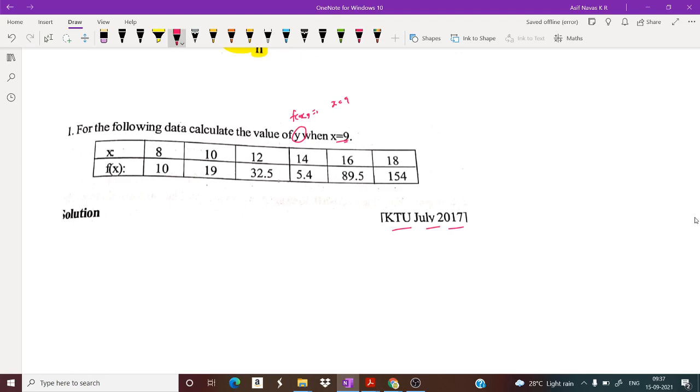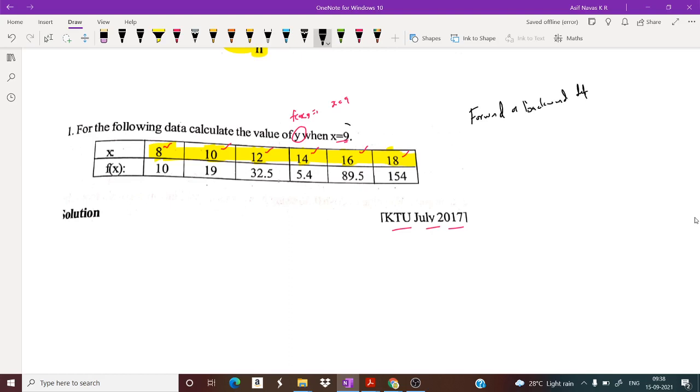Here we have to find the value in between these values 8, 10, 12, 14, 16, 18. Now there are many methods. Newton's divided difference is there, but here this is equally spaced, right? From the question itself, the x values are equally spaced. Therefore, we have to use the forward or backward difference formula.